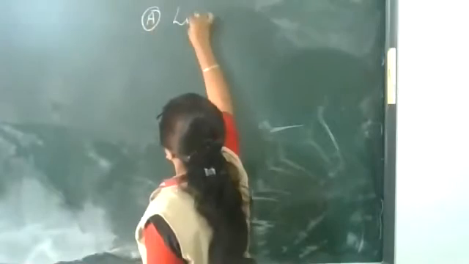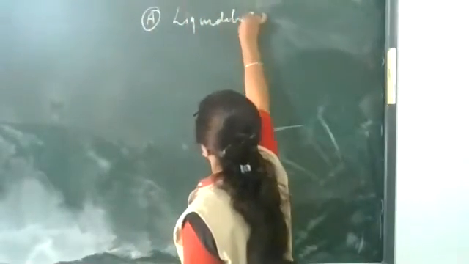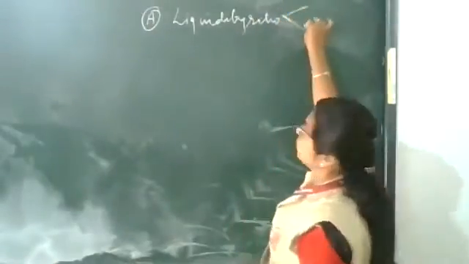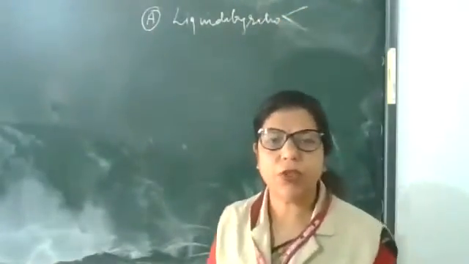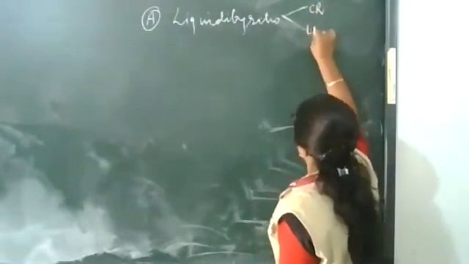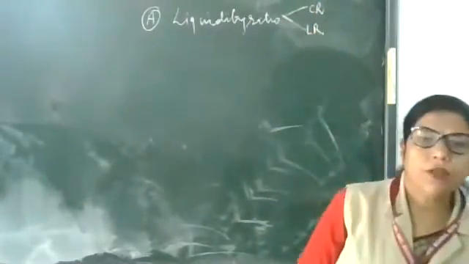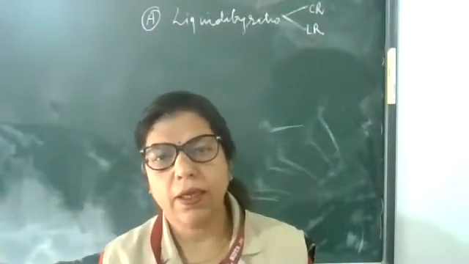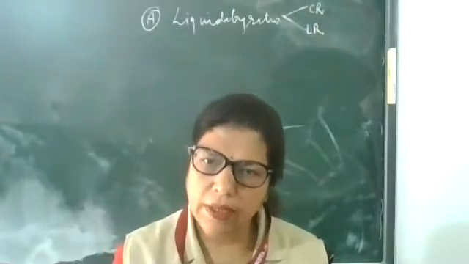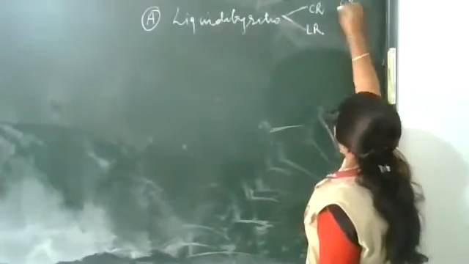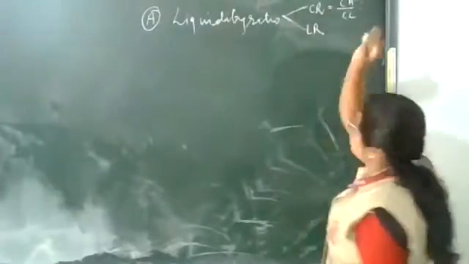So first, category A is liquidity ratio. And in liquidity ratios, you have to study two ratios, that is current ratio and liquid ratio. Now the current ratio shows the relationship between current asset and current liabilities, CA upon CL.